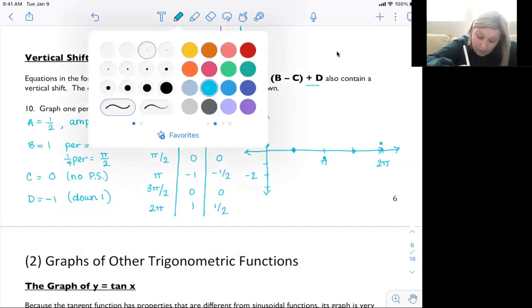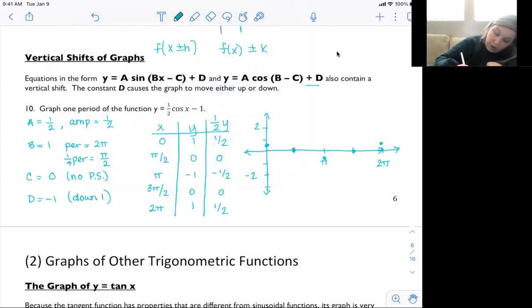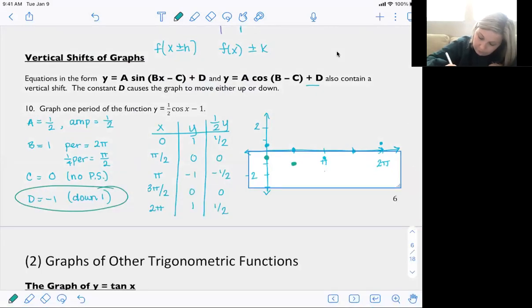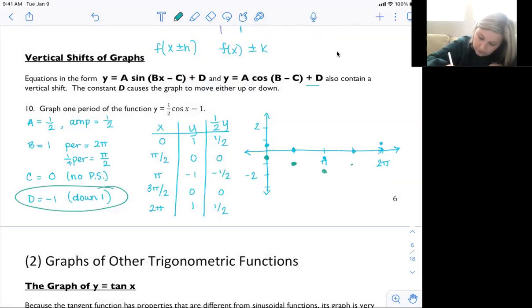But we need each of these points to drop down 1 because of our vertical shift. So drop this point down 1. Drop this down 1, drop this down 1, this one down 1, down 1, and down 1.